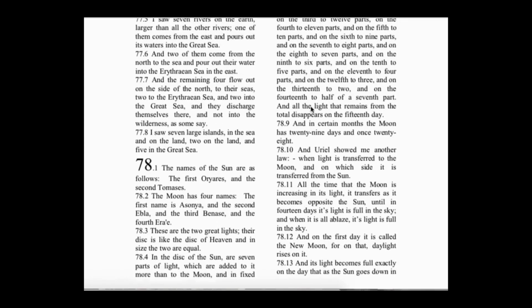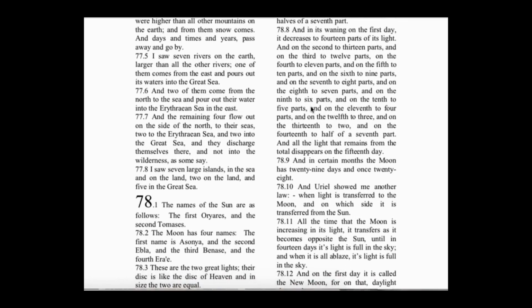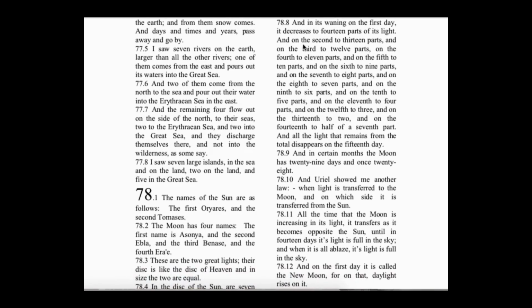And when it's describing something, the day refers to that description, just like point 78.8, where the first day refers to the waning of the moon, the first day of the waning of the moon. So it refers to when the moon is waning, which is the 16th day of the month.